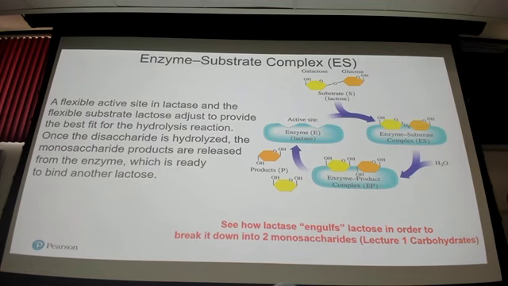You see that water is being added to break the bond between the monosaccharides in lactose, and when that occurs, that produces the enzyme product complex. Then the monosaccharides are released from the enzyme, and then the enzyme is able to continue on to catalyze this reaction again.